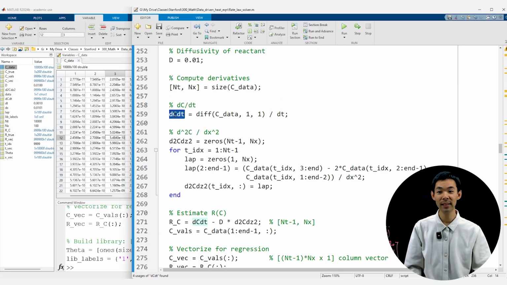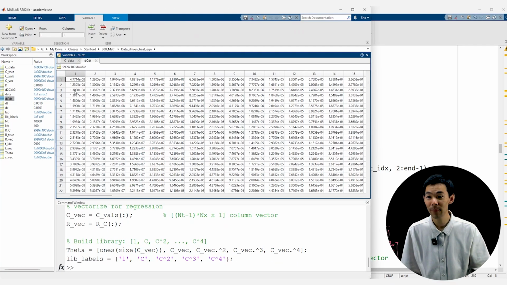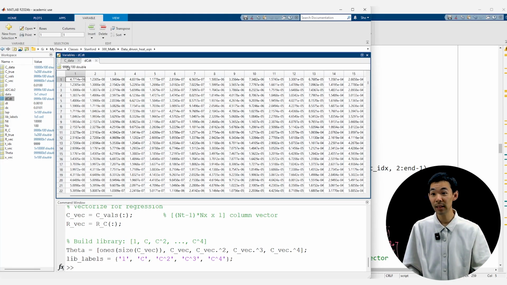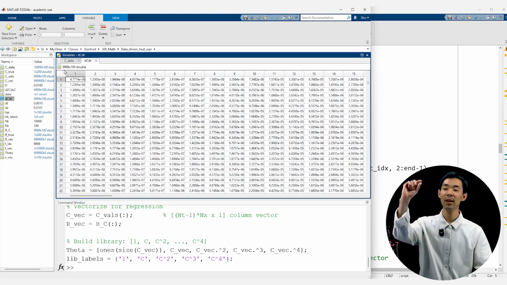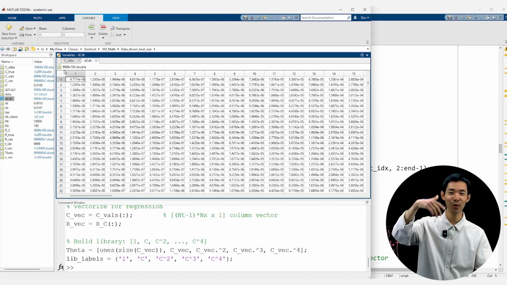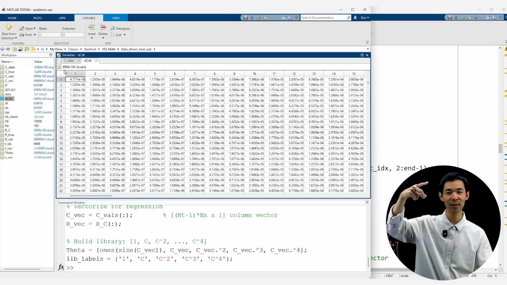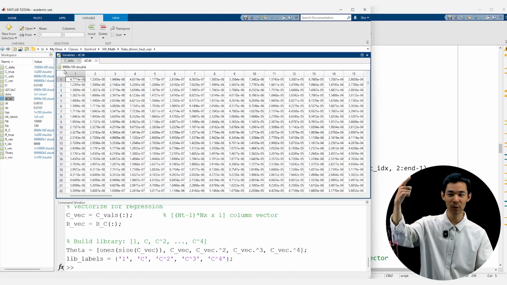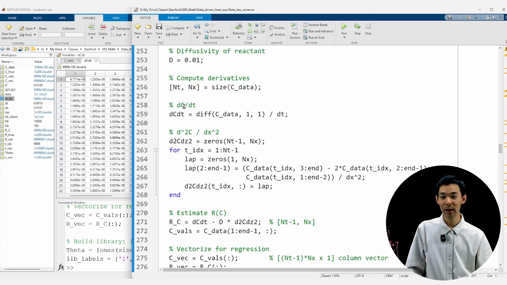So now dc dt contains literally another gigantic matrix, which I'm going to show you right here. There it is. So dc dt is now 9,999 by 100 because, of course, you're taking finite differencing, so you're going to lose one row in time because you always need 2 time points to get one derivative. But that's fine. It's still a gigantic data entry containing the slope in time.